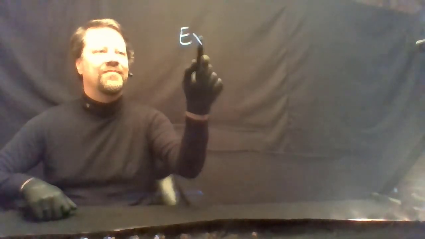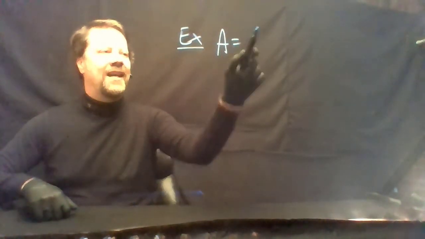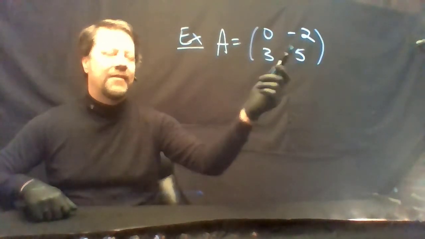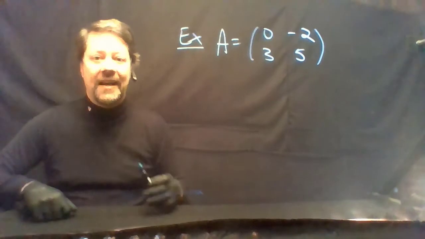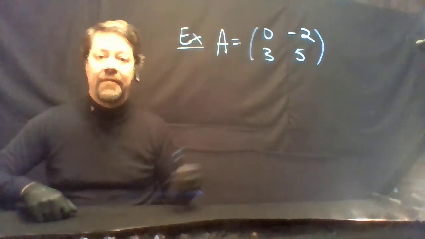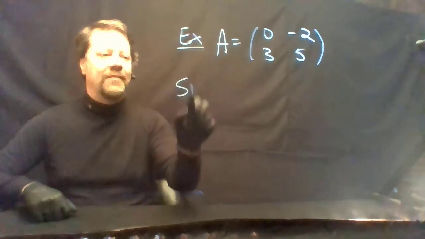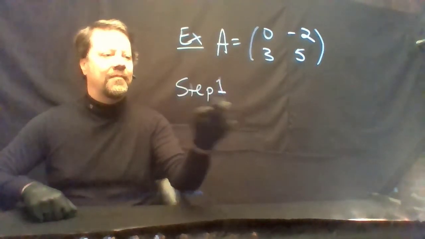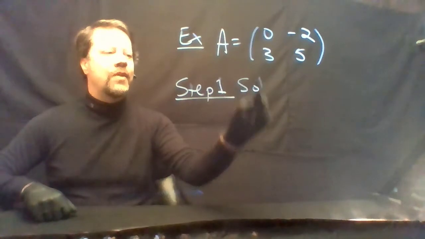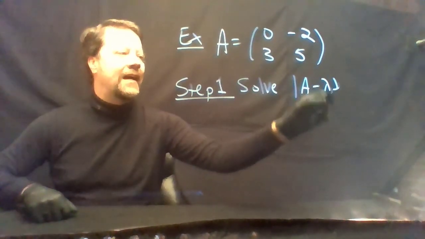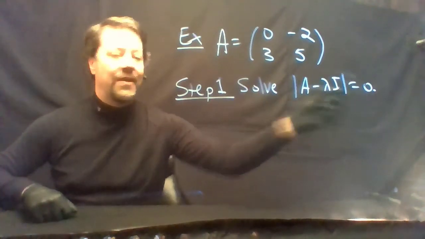For example, suppose my matrix A is 0, -2, 3, 5. What are the eigenvalues? And find some corresponding eigenvectors. Step 1. We're going to solve the determinant of A minus lambda I equals 0.